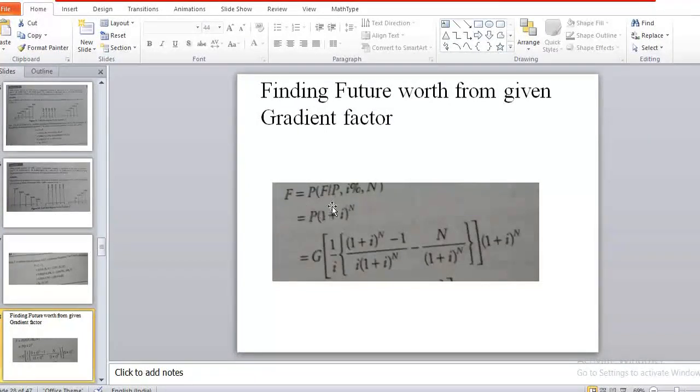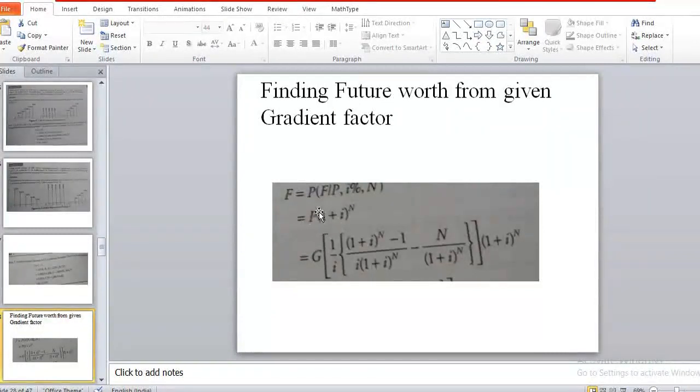This formula comes from the basic formula for compound interest.